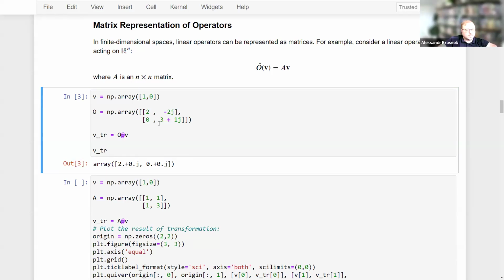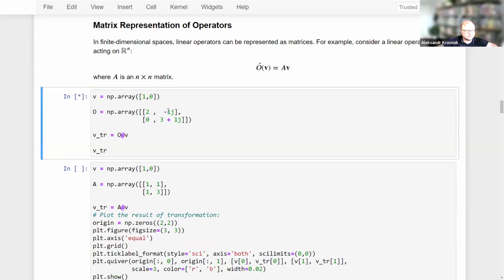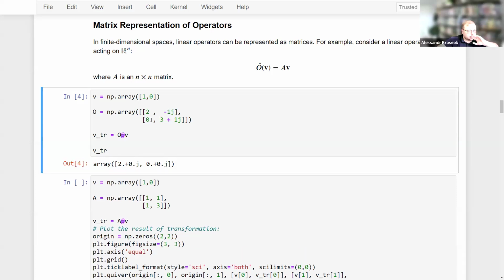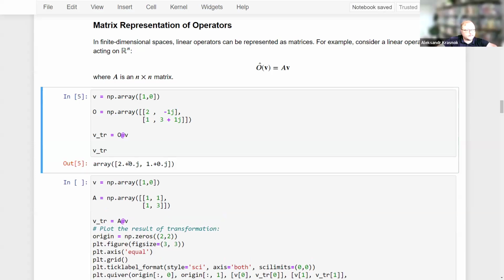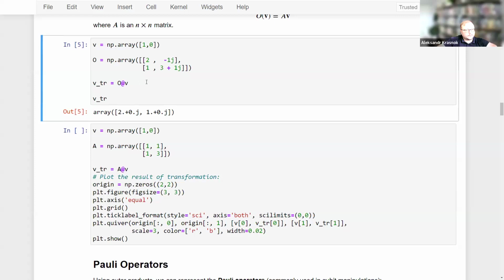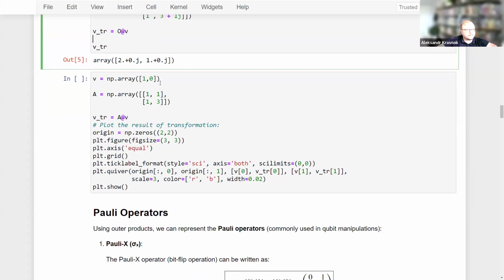Okay, changing these elements of the matrix will change the components of the vector. So using this operator matrices, you change vectors.